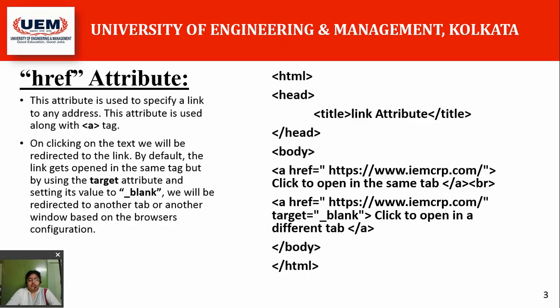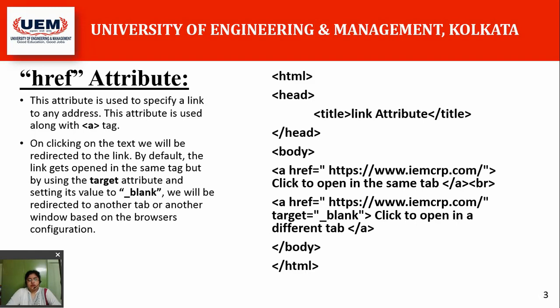By default, the link gets opened in the same tab, but by using the target attribute and setting its value to underscore blank, we will be redirected to another tab or another window based on the browser's configuration.